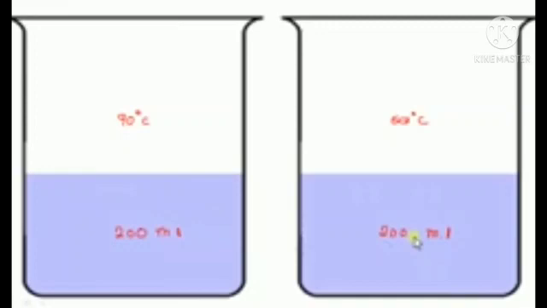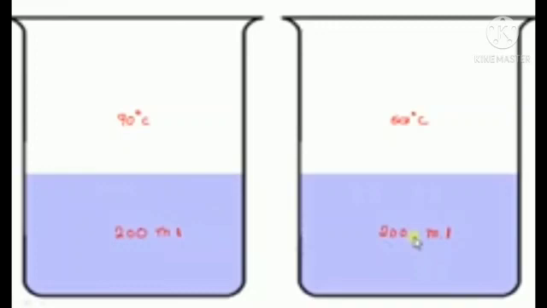After mixing, the temperature of the mixture will be different from the temperature of the water in the beakers. When we measure the temperature of the mixture using a thermometer, it shows 75 degrees Celsius.